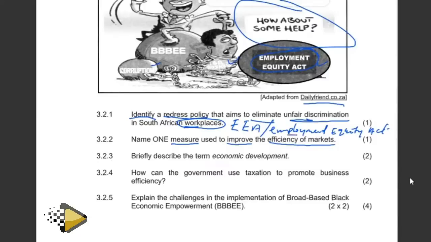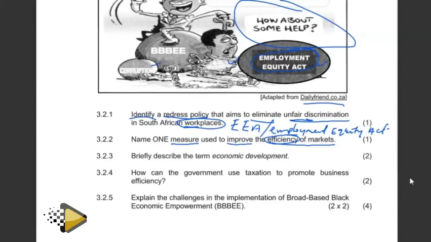When we talk of the word efficiency, it means that there is no wastage of resources in that particular production of goods and services. Also, it means that whatsoever businesses have actually manufactured, or processed with the aim of supplying, does match with the level of demand for those goods and services.